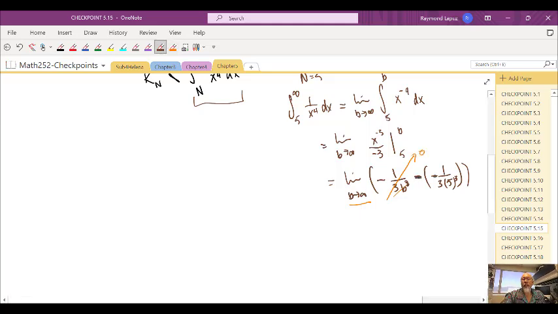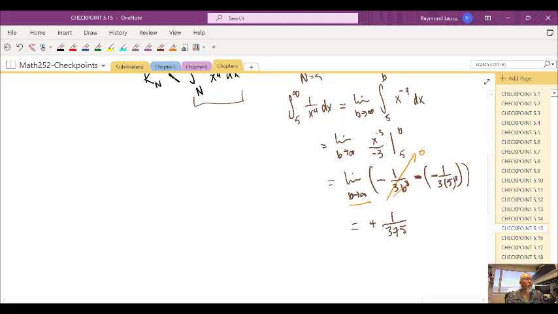A negative and a negative, so that's a positive, over 3 times 5 cubed. 5 cubed is 125, and multiplying that by 3 gives 375. So it's 1 over 375, which is going to be a really small number.